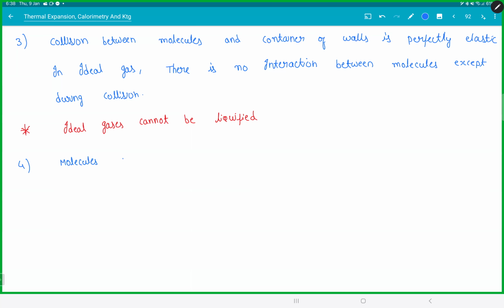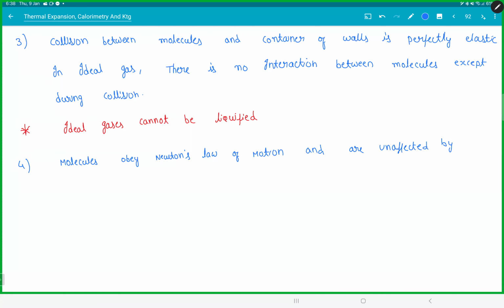Molecules obey laws of motion. That collision, change in momentum, force, it works. All that stuff works. And they have a negligible effect of gravity. Now, technically speaking, they are affected by gravity. Imagine gravity is not there on the Earth. What would have happened?